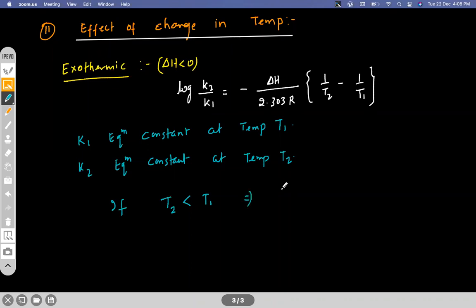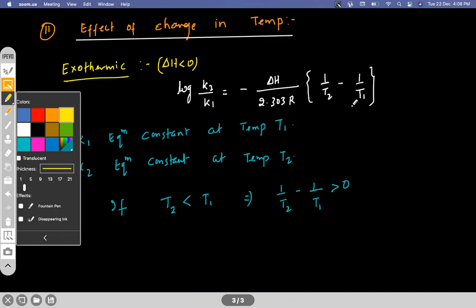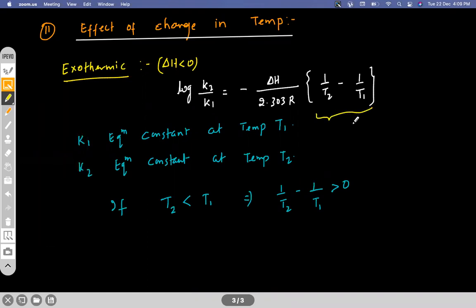So 1 by T2 minus 1 by T1 is greater than 0, positive.